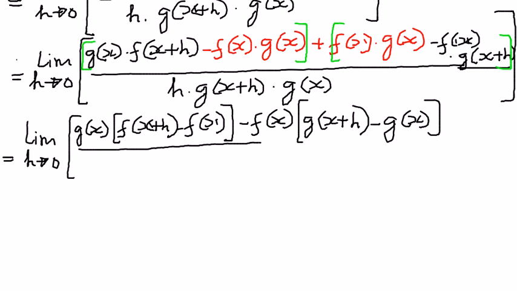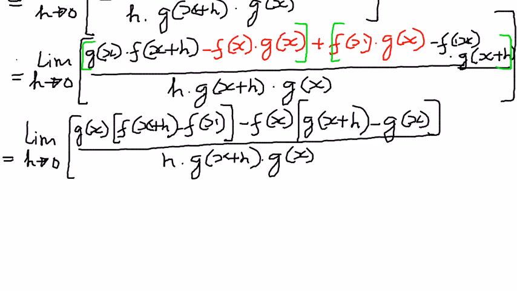This whole thing is divided by h times g of x plus h times g of x, and then I can put close brackets here.